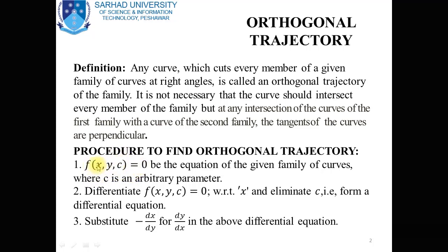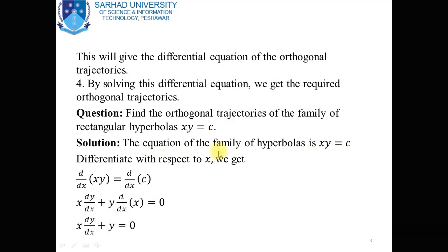We get the differential equation of the given function. Then replace dy by dx with minus dx by dy. We will get the differential equation of the required orthogonal trajectory. But we want to find the equation of the orthogonal trajectory. So, by finding the solution of this differential equation, we will get the required equation of the orthogonal trajectory.